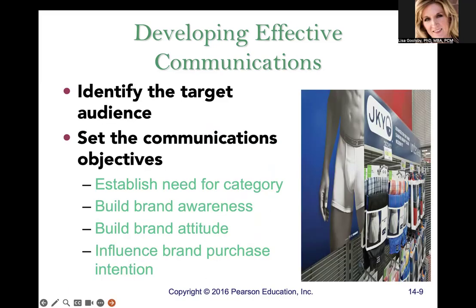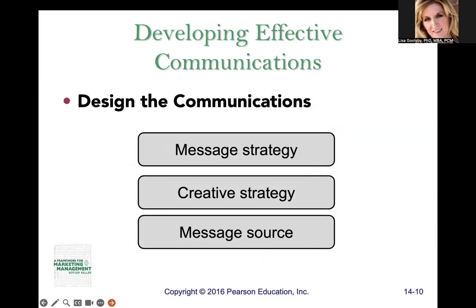So again, every step in the marketing process, the first thing is to really understand that target market and then establish your communication objectives. What's the category need? How do we build that brand awareness? How do we influence brand purchase? All of those things have to come into play. Designing that communication strategy means getting a message strategy. What are you going to say?